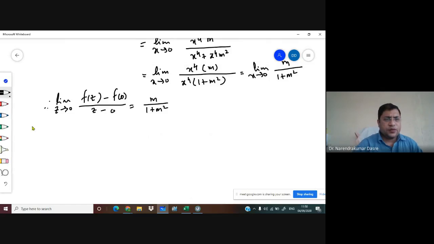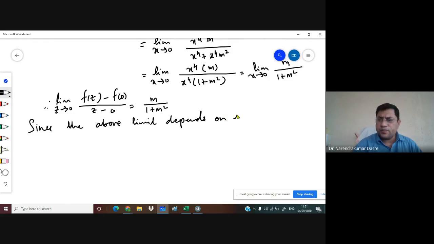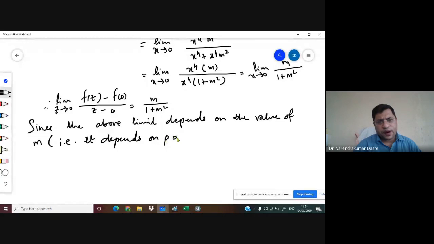Now we can see, okay, so we can write, since the above limit depends on the value of m, okay, and hence it does not exist.